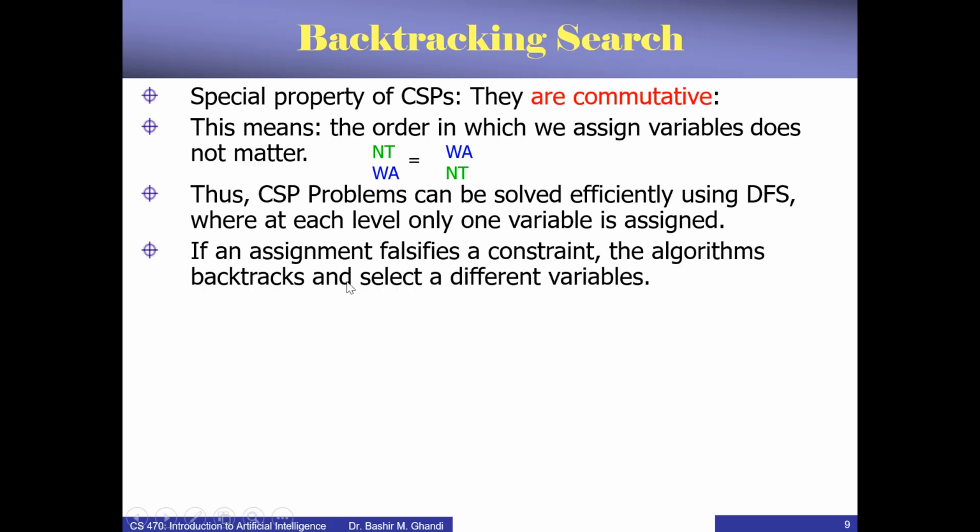If at any point we have an issue, for example, some of the constraints are not satisfied, then we backtrack to select a different value for the same variable that was assigned a value before, and then move forward.